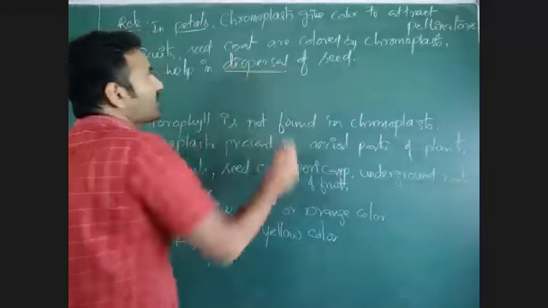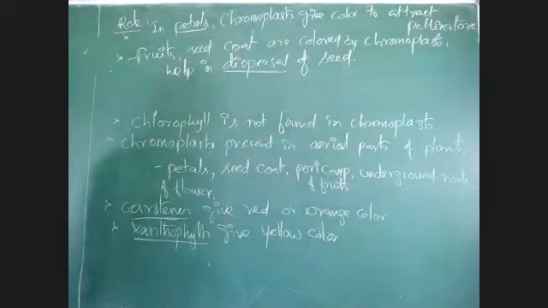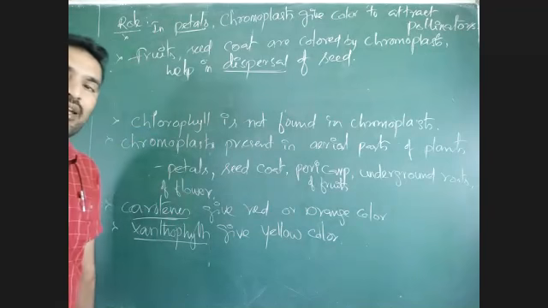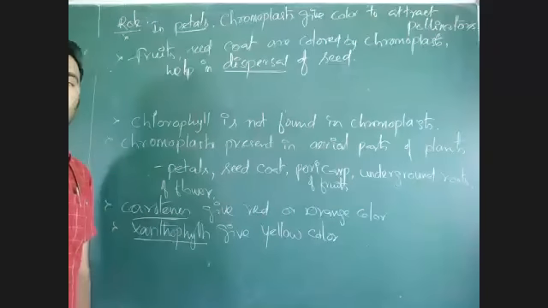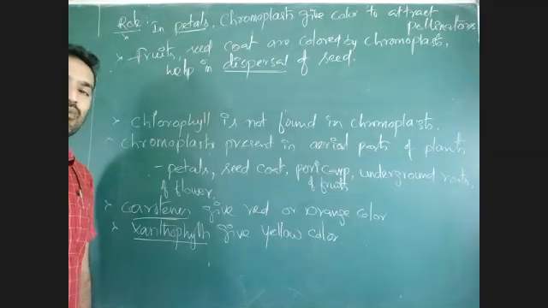That dispersal of the seed is carried out by some birds or animals due to the presence of this color in the seed coat and fruits. Birds will eat fruits and seeds. With the help of that color, birds will identify the fruits and seeds and take them. But in the intestines or stomach of birds, the seeds will not digest fully.